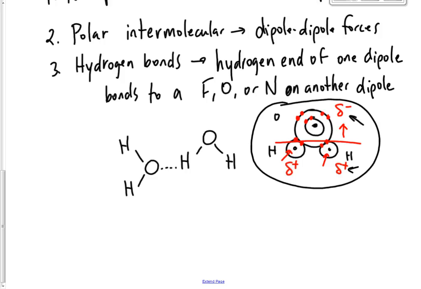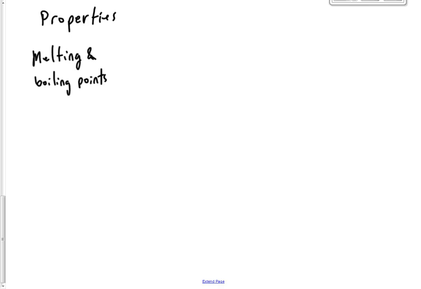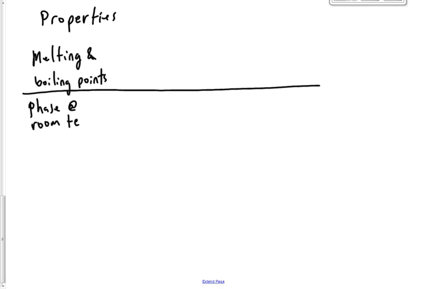Let's go over the properties of ionic and covalent compounds. You can just make a whole table here. You've got melting point, phase at room temperature, so that's your state of matter.